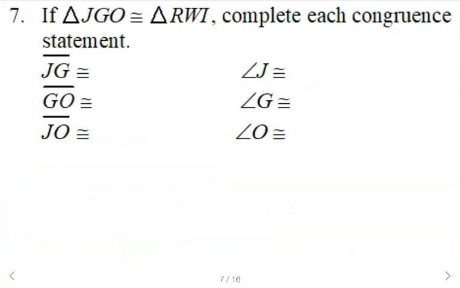Number 7, JG matches up with RW. And so we can say that segment JG is congruent to segment RW. GO matches up with WI.